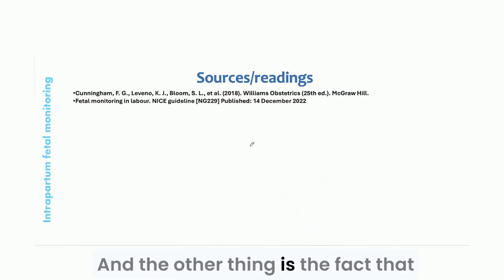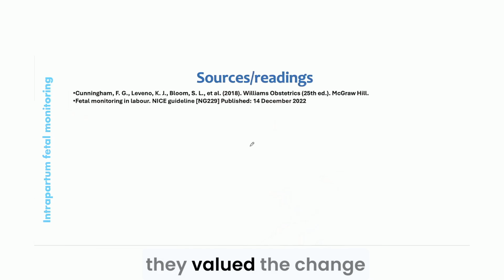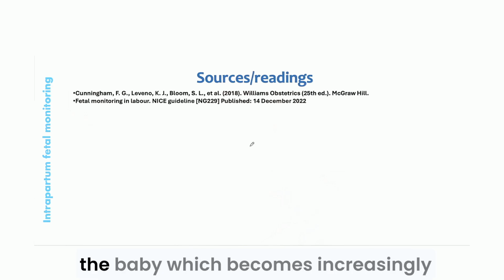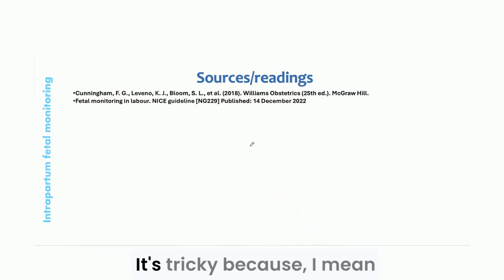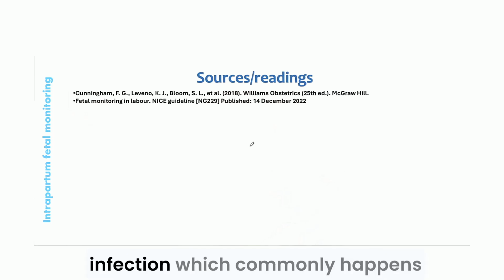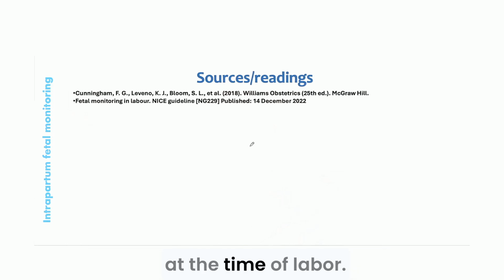And the other thing is the fact that they valued the change in the baseline of the heart rate of the baby, which is becoming increasingly recognized as an important feature. It's tricky because one of the things that really leads to poor outcomes of babies is intrauterine infection, which commonly happens at the time of labor.